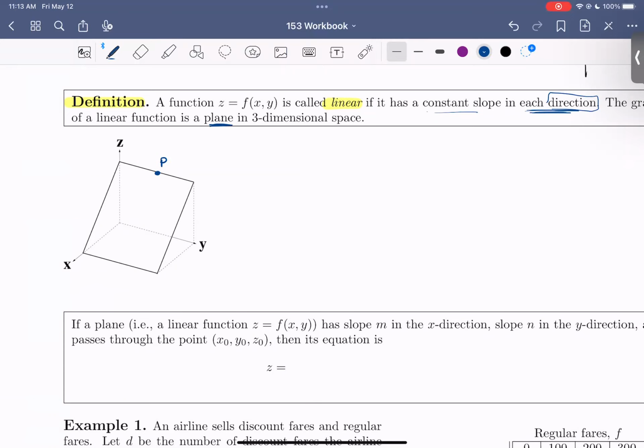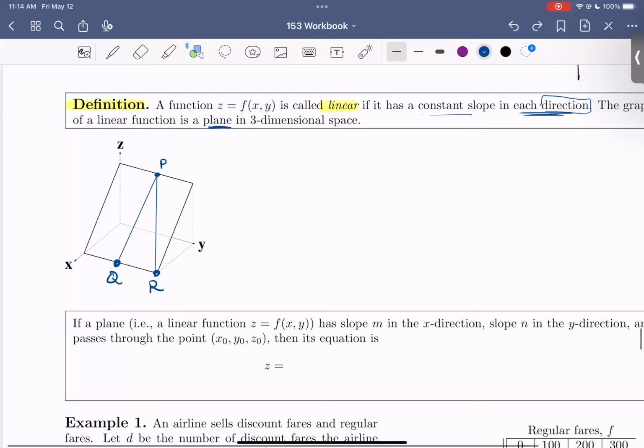So for example, here's one direction we could approach, and I'm going to use my shape drawer to really make sure that's straight. Here's one direction we could go. I'm going to go down to, say, point Q. And I could have another point here that I'm labeling R, and we could have a direction or a line between them. So we can see that no matter where you go on your plane, if you take these straight lines, you get constant slopes along these lines.